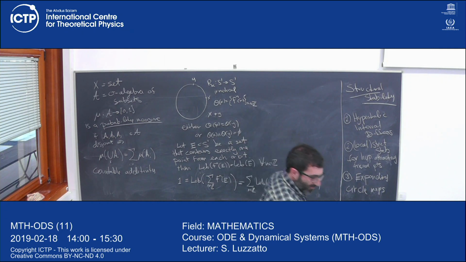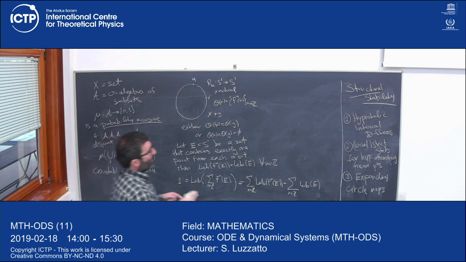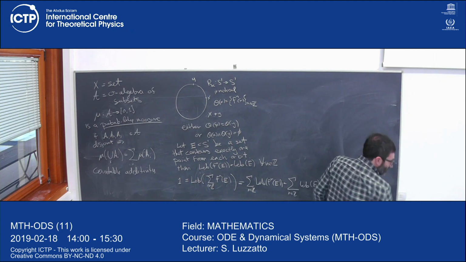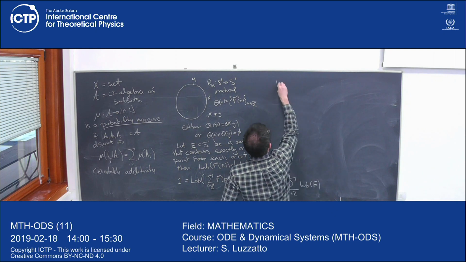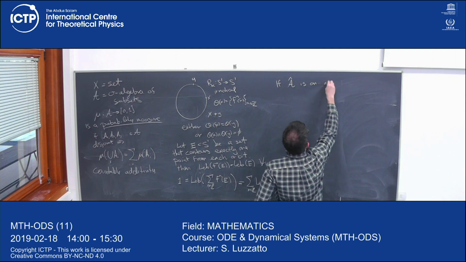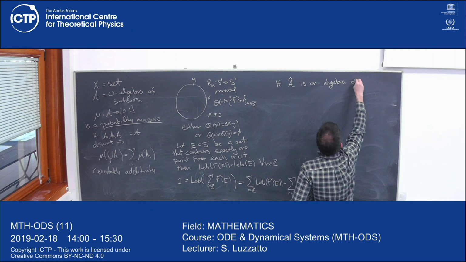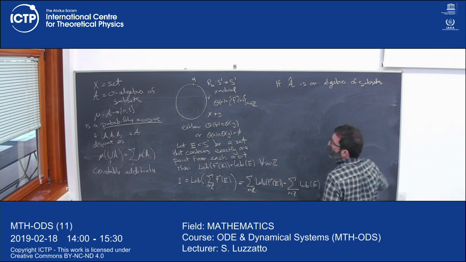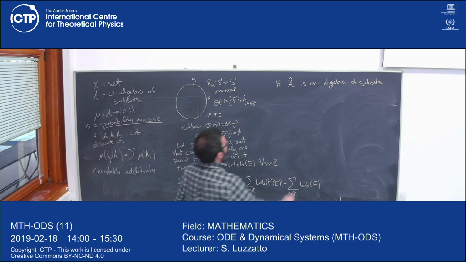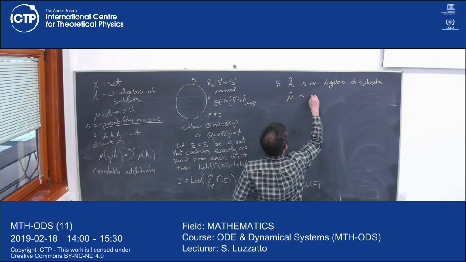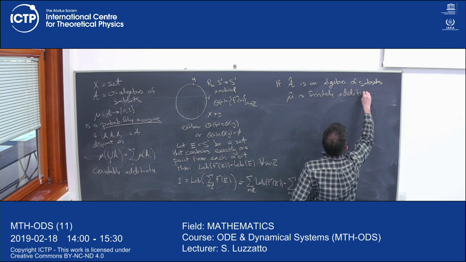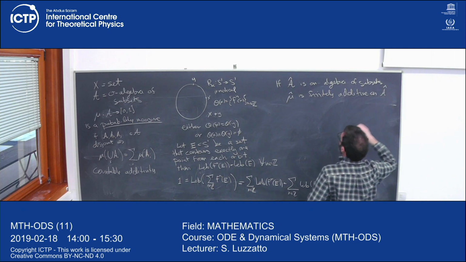So there's a couple of fundamental results. If A hat is an algebra of subsets, this means the same as a sigma algebra, but just for finite unions and finite intersections, right? And mu hat is finitely additive on A hat, okay?